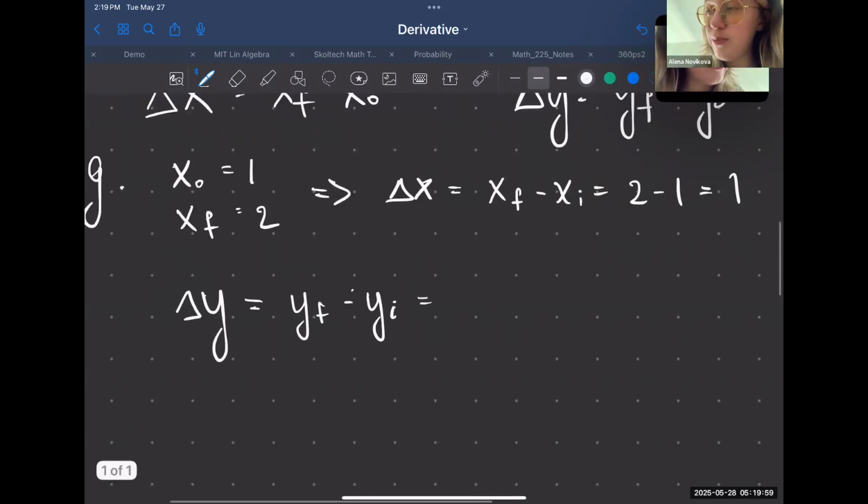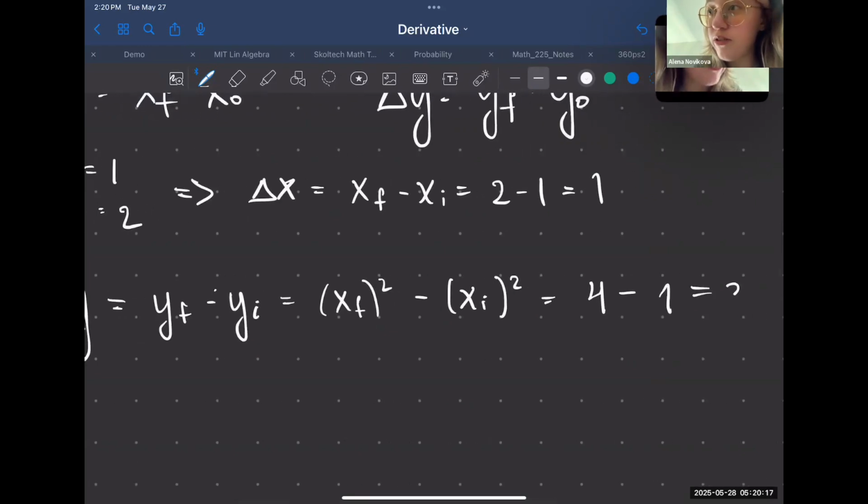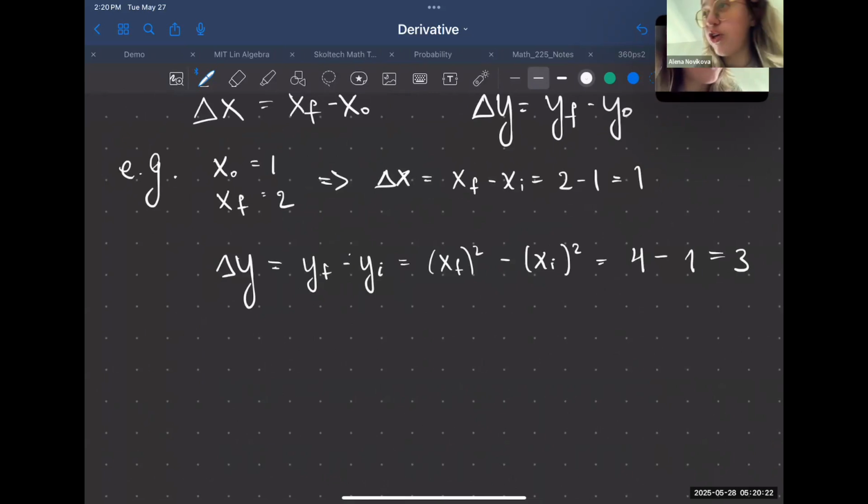But because y is a dependent variable, we can rewrite it in terms of x. So we're going to have x final squared minus x initial squared. So we're going to have 4 minus 1, 3. So we see that in this case, for a unit change in x from 1 to 2, we're actually going to have a 3 unit change in y from 1 to 4.